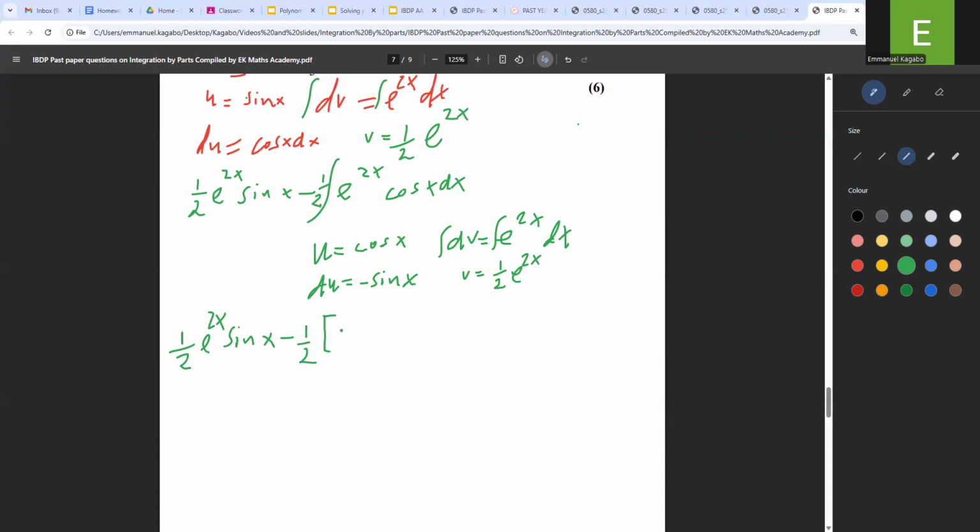So it's going to be a half e power 2x, all together, guys, times cos x, okay, then minus integration of v.